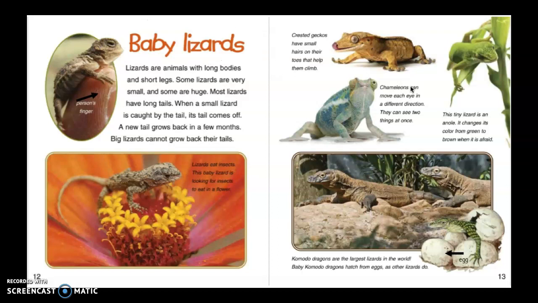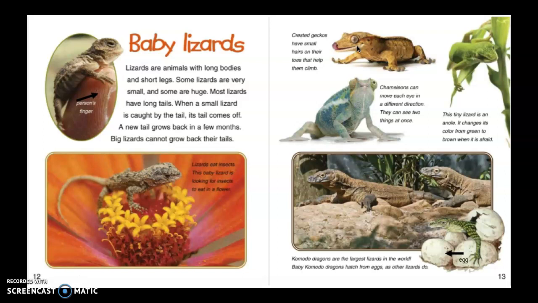What about all the pictures on this page? Do you know what is happening in each one of these pictures, just by looking at the picture? Not really. I see a lizard, looks like he's sitting on a flower. I don't really know what he's doing up here. I don't know what kind of lizard this is. What could I use to help myself learn more about the pictures? Let me hear you.